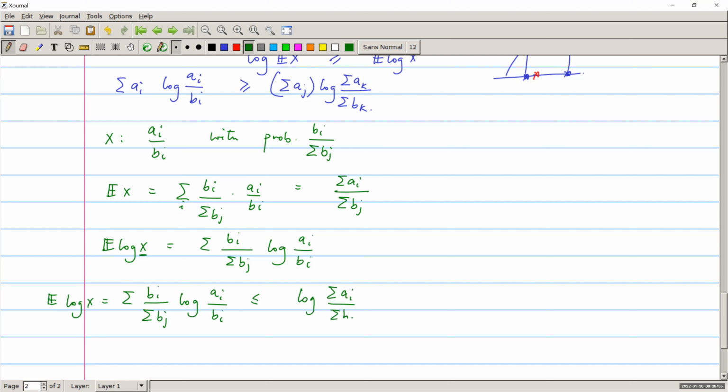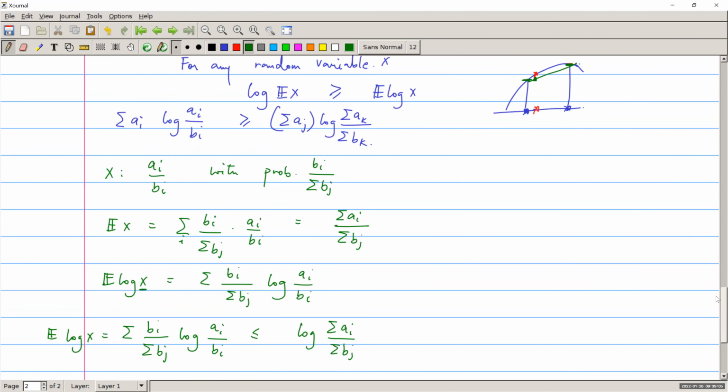The log of summation a_i over summation b_j. But this is not quite what we want. So how do we do this? This is one way to use Jensen's inequality. It gives us something, but not quite what we want.